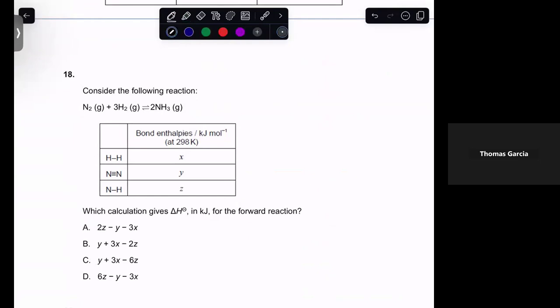All right, moving on to 18. Now with 18, we're just kind of doing the same thing over and over. We're looking at bond enthalpies. So we're doing bonds broken minus bonds formed.